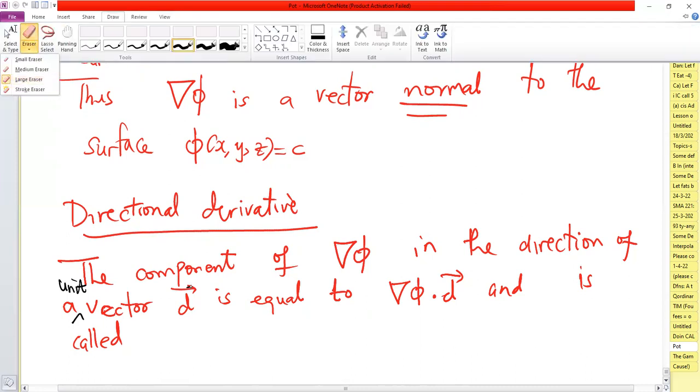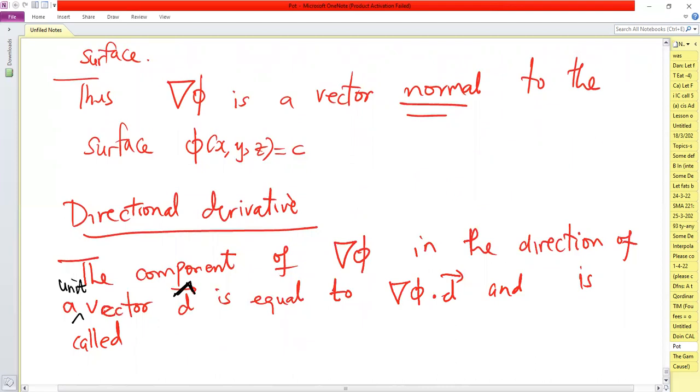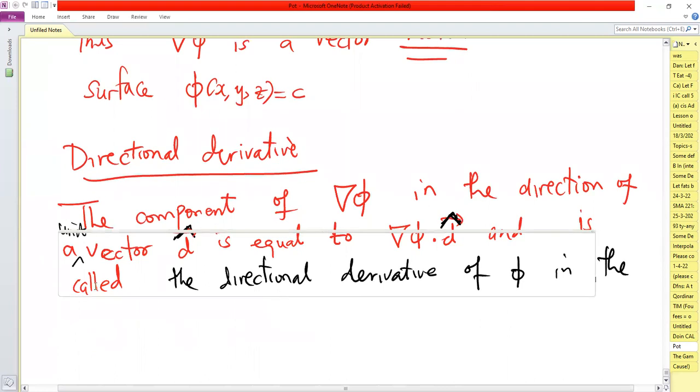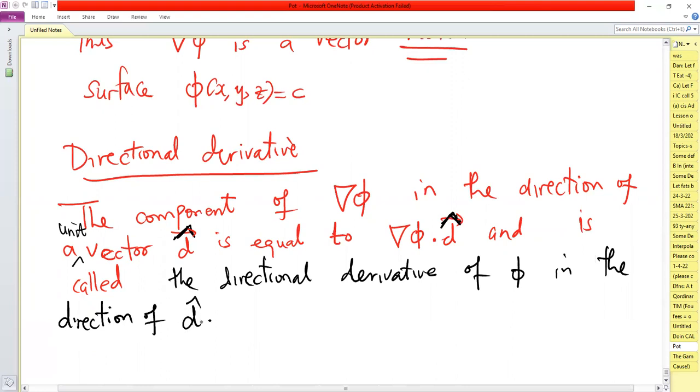So unit vectors, we represent them with a cap, and it's called the directional derivative of phi, in the direction of that unit vector d.